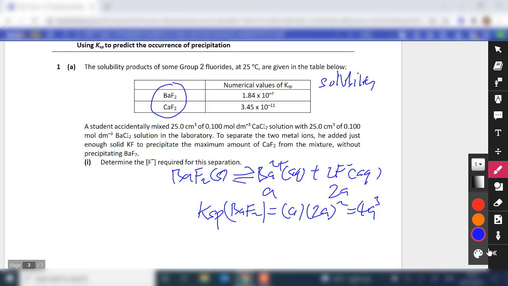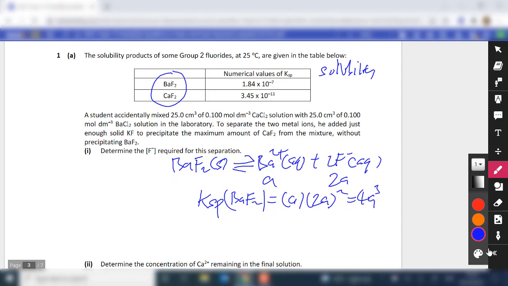Okay, so now let's go back to this particular question. The student accidentally mixed 25 cubic centimeters of 0.1 moles per dm cubed of calcium chloride with 25 cubic centimeters of 0.1 moles per dm cubed of barium chloride together. From here you should be able to tell that both of them have the same volume, 25 and 25.